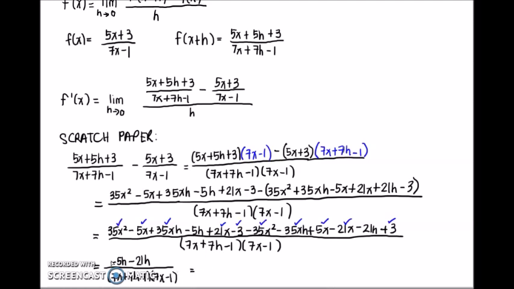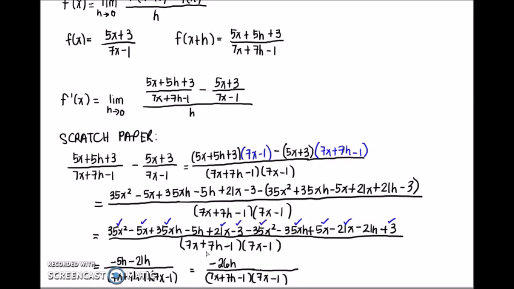which is equal to, so negative 5h minus 21h, that will give us negative 26h all over 7x plus 7h minus 1 times 7x minus 1.